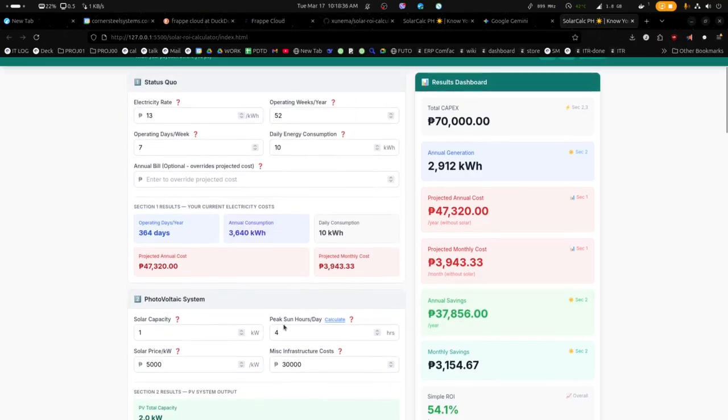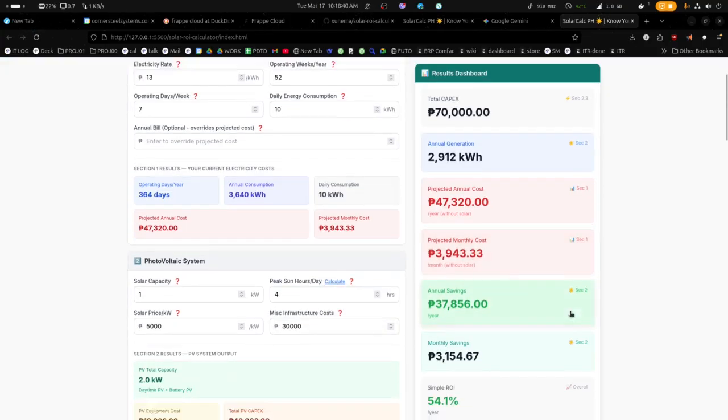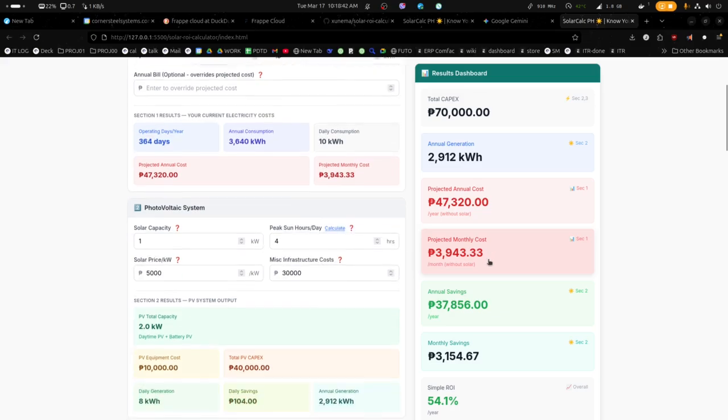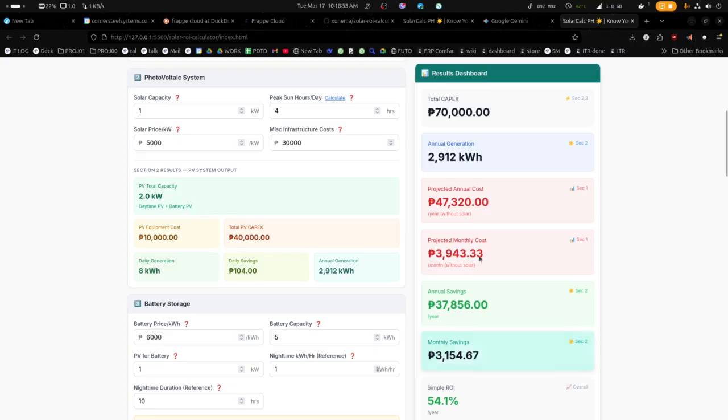First you have to make sure that you're looking at your monthly cost versus the savings you get, because you're not paying Meralco for that electricity. The monthly savings you get versus the projected monthly costs. And of course, that includes the battery.